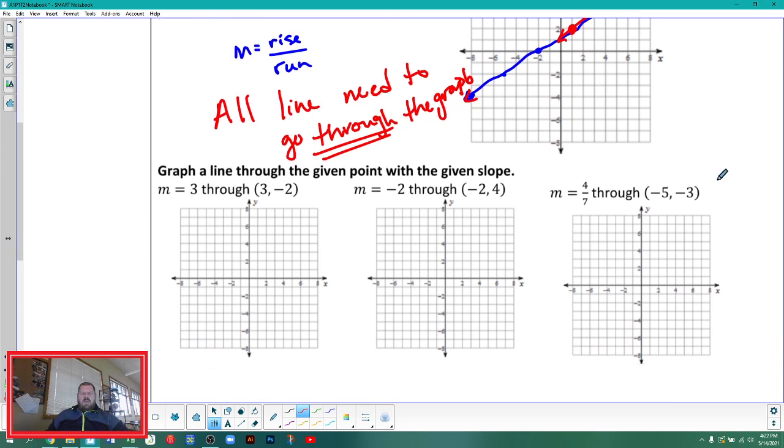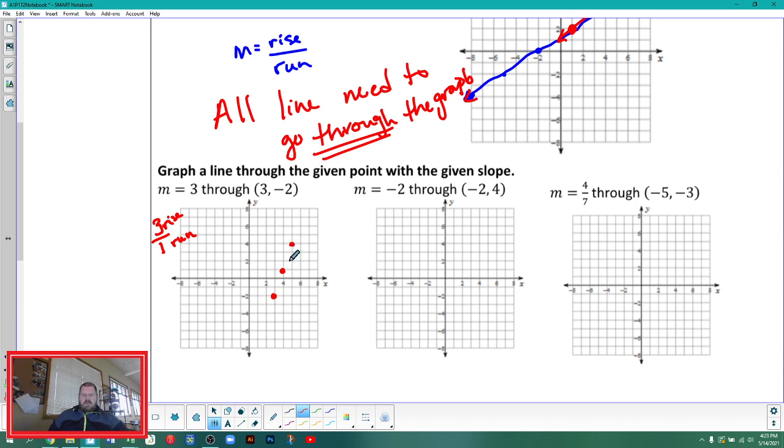Okay. So we're going to continue that on these ones. I have a point at 3, -2, and a slope of 3. Slope of 3 means 3 over 1, so I rise 3 and run 1. For me, that means I'm going to go up 3 and over 1. Up 3 and over 1.